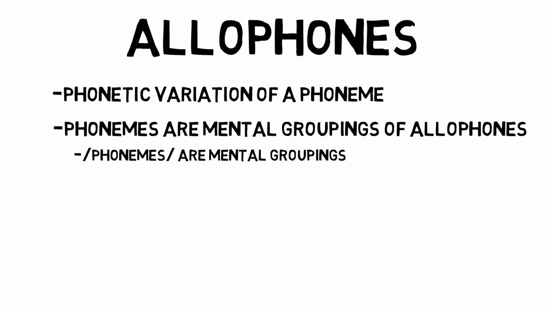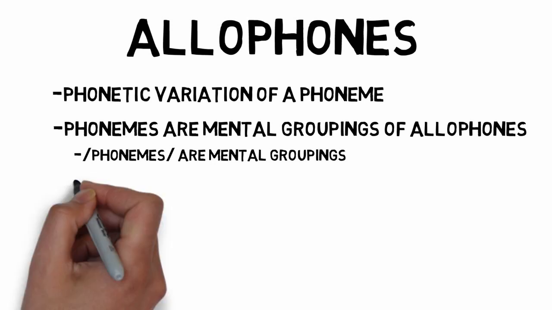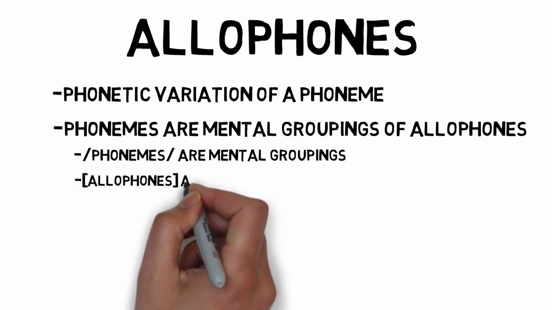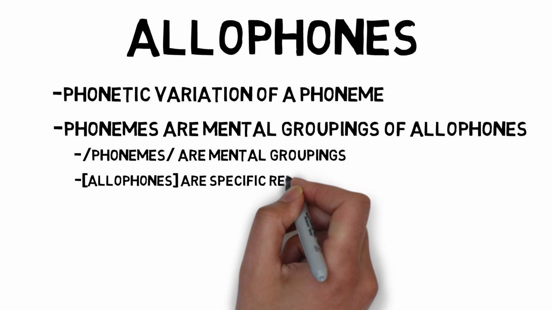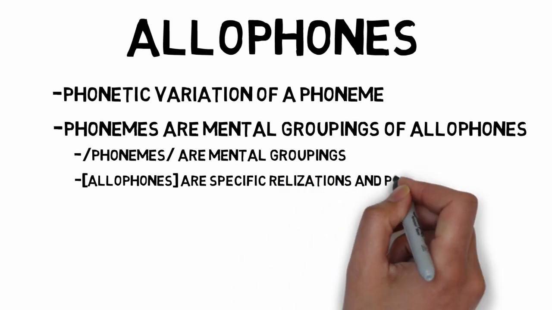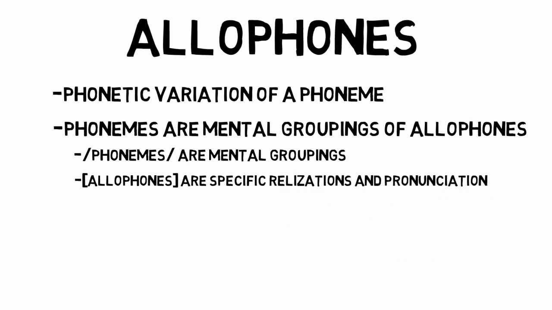Instead, when we talk about phonemes, we're talking about the way the mind organizes and groups sounds. We always use slashes when writing about phonemes. Allophones, on the other hand, are always written in brackets because we are referring to the specific instance of how they are pronounced.